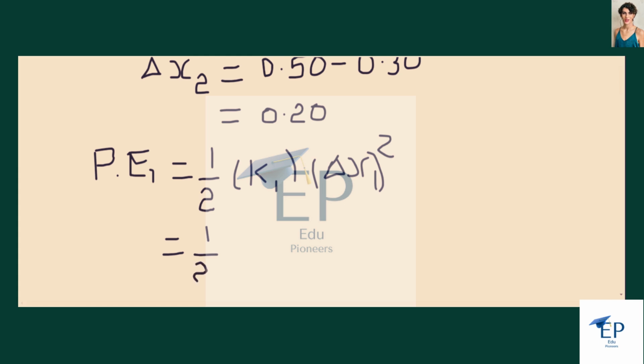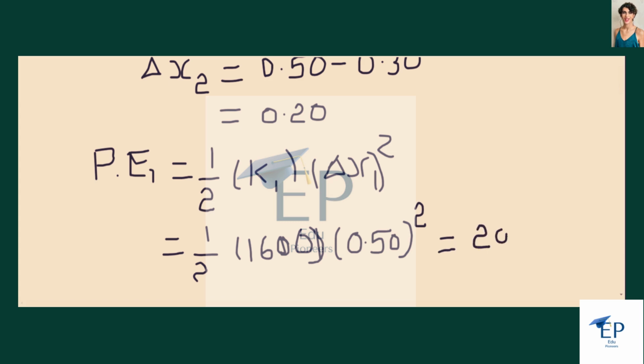So 1 half, the K1 is 1600, and delta x1 is 0.50 square, and the answer is equivalent to 200 joule.